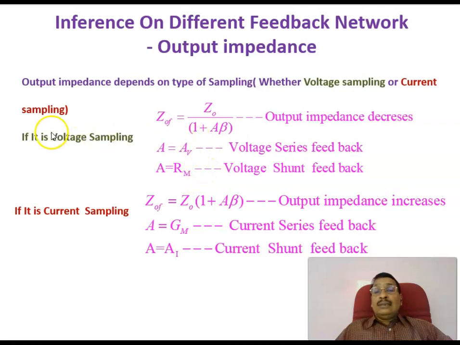Therefore, generally, if it is a voltage sampling network, either voltage series or voltage shunt, in both cases we are sampling the voltage from the output. In that case, the output impedance is decreasing.